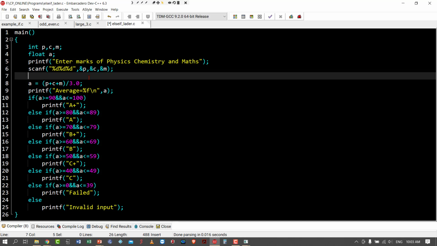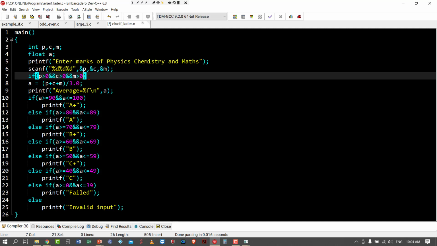So if p greater than 0 and c greater than 0 and m greater than 0.